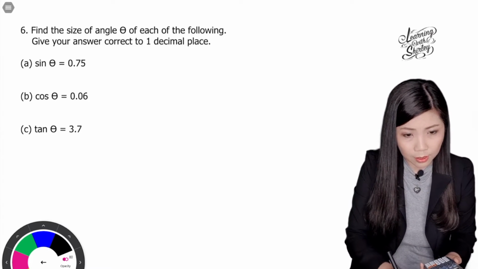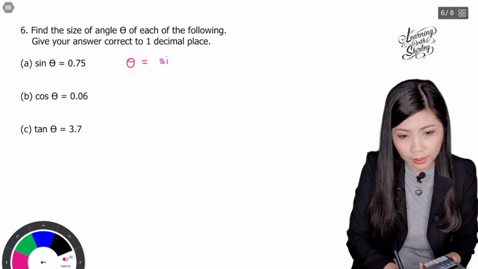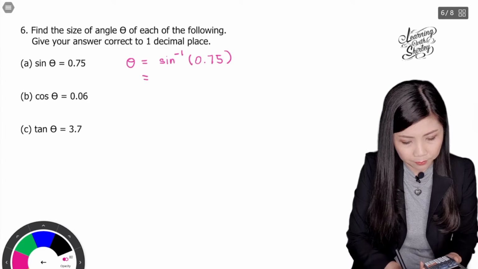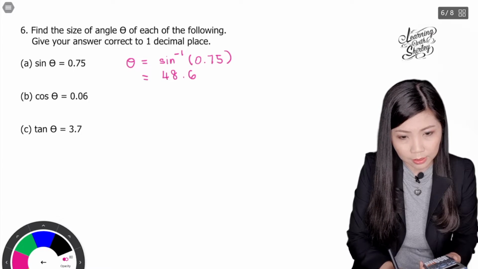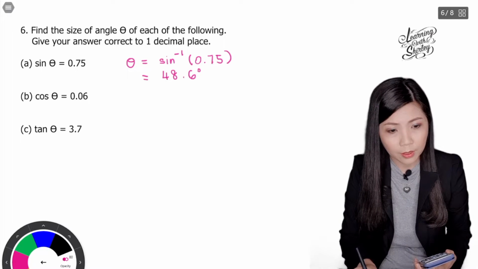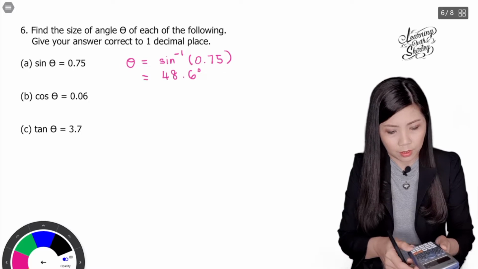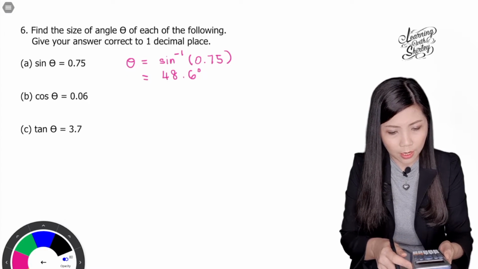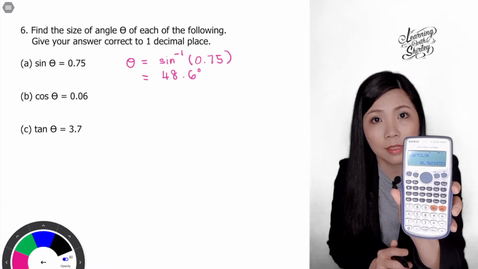So the working is like this. Theta is equal to sine -1 of 0.75, so theta will be 48.6 degrees. Next will be cos theta equals 0.06. So I'm going to use shift cos. 0.06 gives 86.6, correct to 1 decimal place.